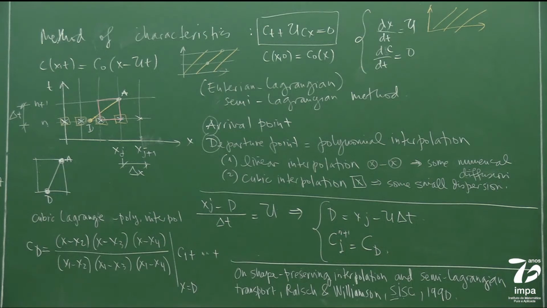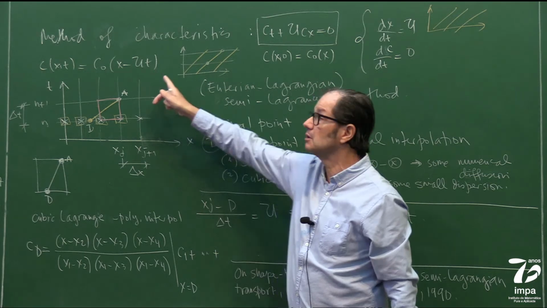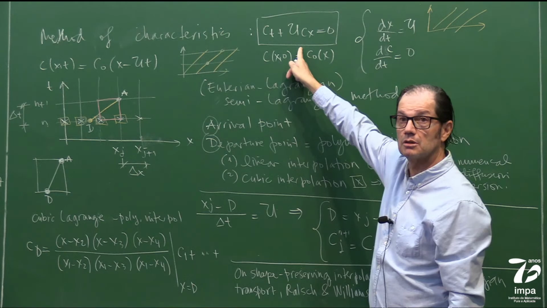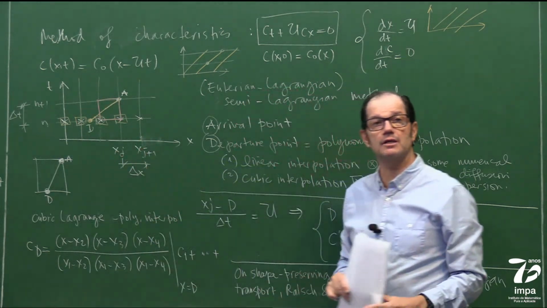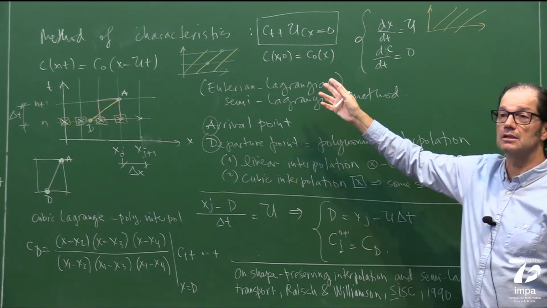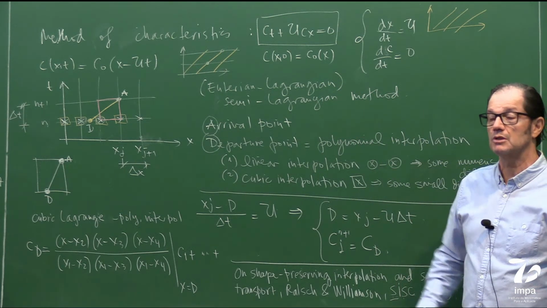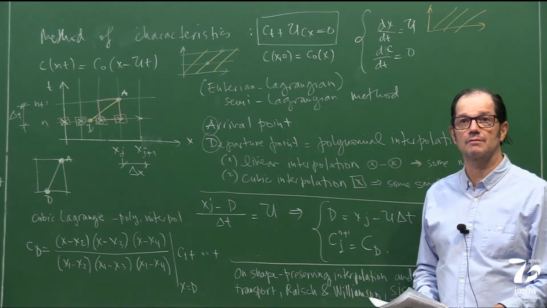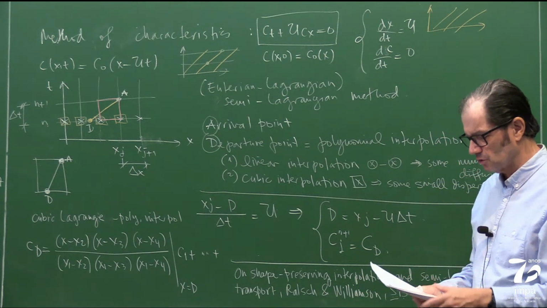And the thing is that if you do semi-Lagrangian, for example, for this wave equation, and you always interpolate and don't extrapolate, you don't have the stability issues that we saw before with the modified equation. So there are some advantages like that. Okay? So this is one thing I wanted to mention.